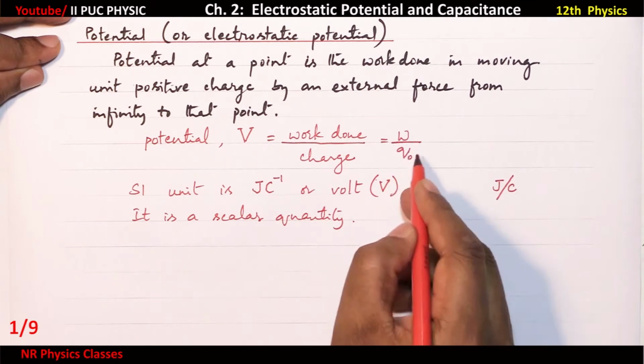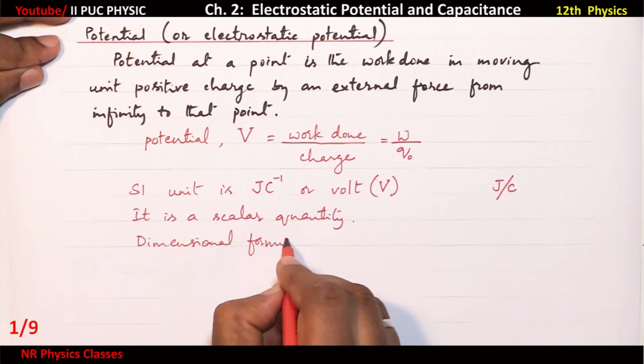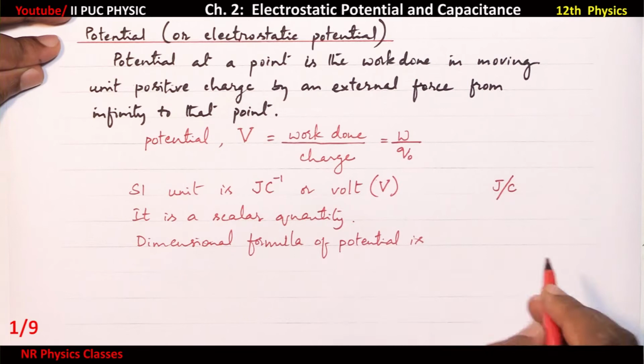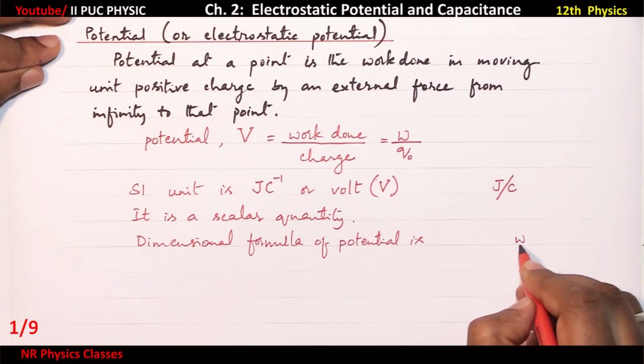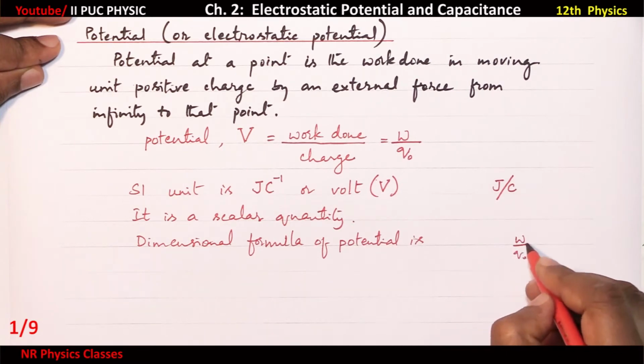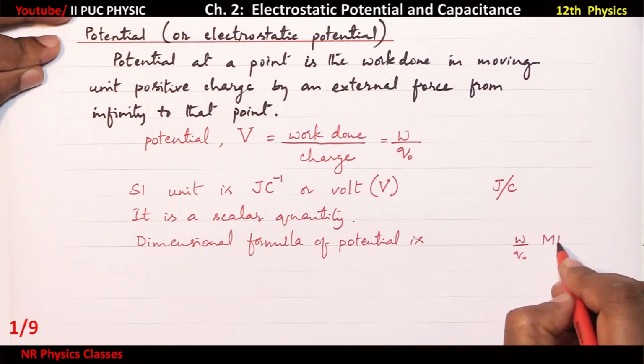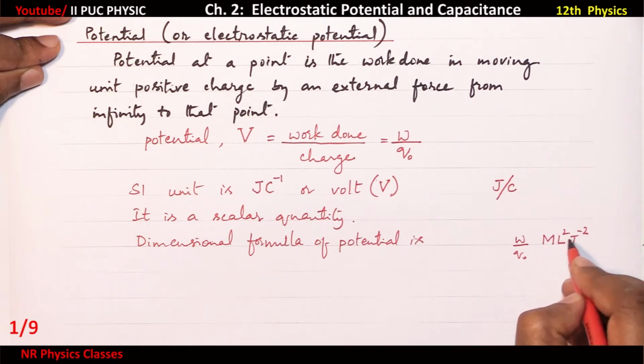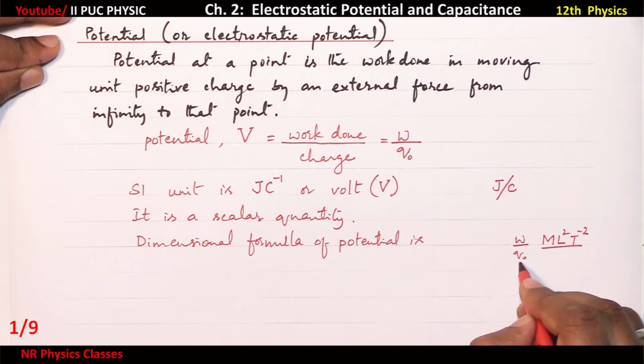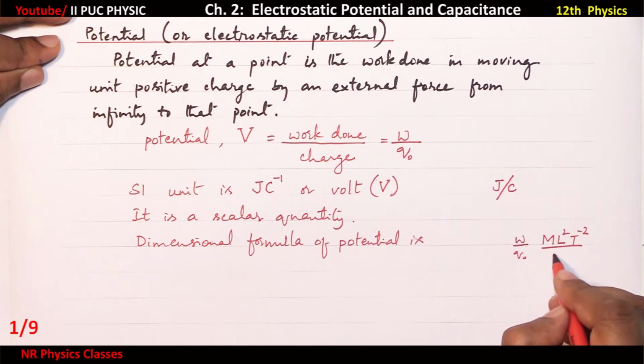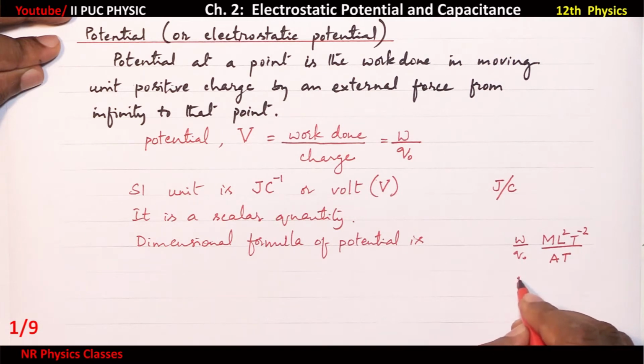And the dimensional formula of this: it is work by charge. Work is ML2T^-2, divided by charge, which is coulomb. Coulomb should be written as ampere times time, because current is one among the 7 fundamental physical quantities. Current is charge by time, so charge equals current into time.